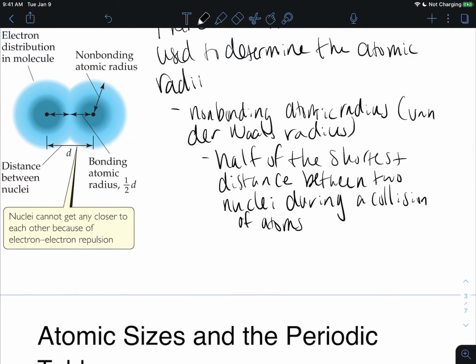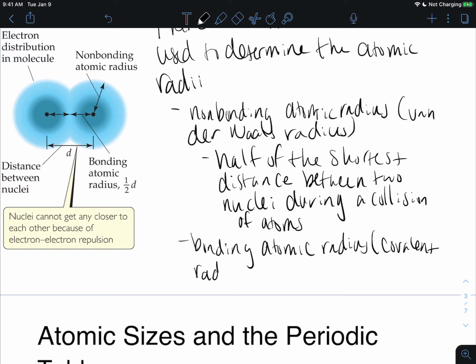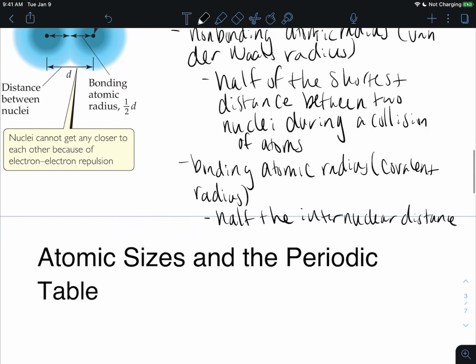And then our next one is called the bonding atomic radius, or our covalent radius. And this is half the internuclear distance when atoms are bonded.